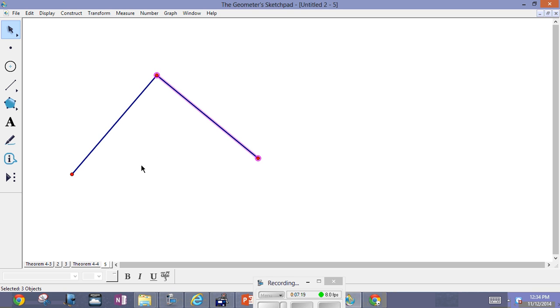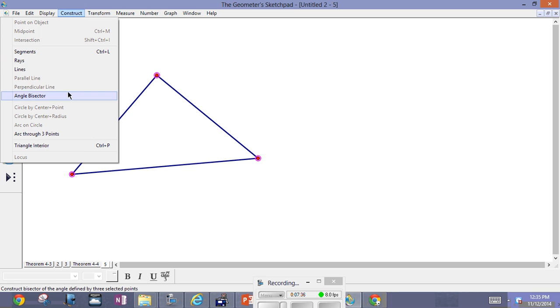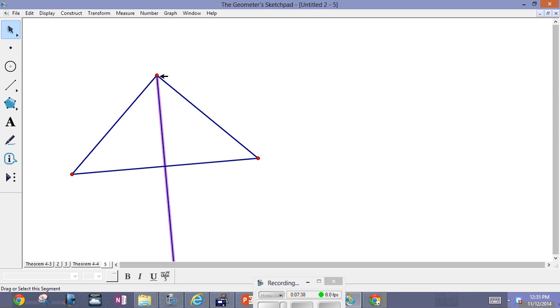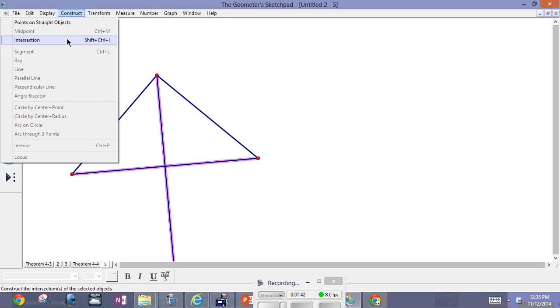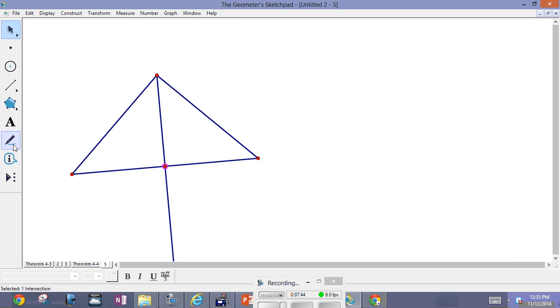Then complete the triangle, and then bisect this angle up here. Construct the angle bisector, and see where it meets that side. You'll see that that is going to be a right angle.